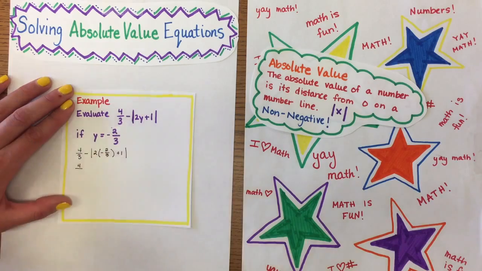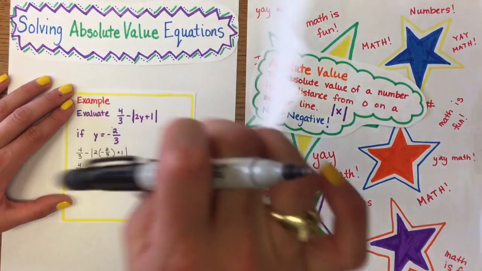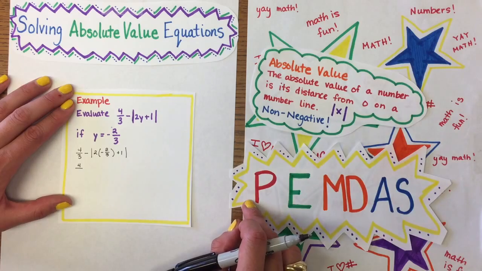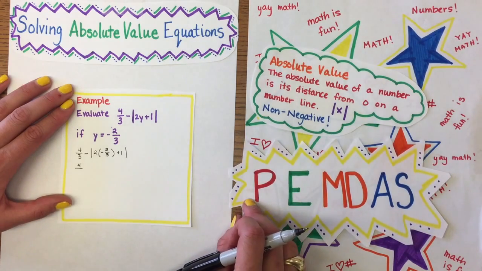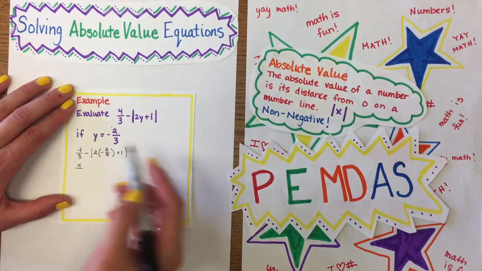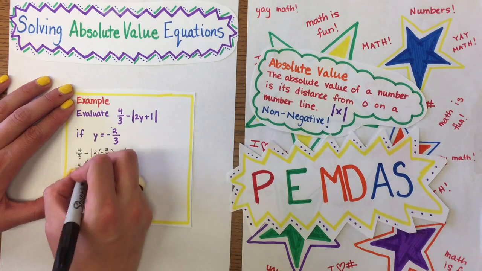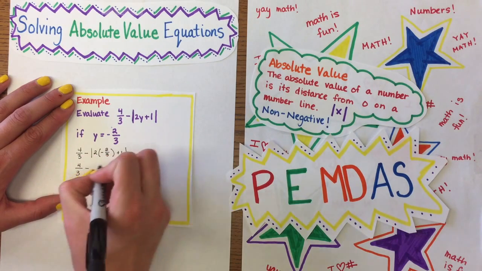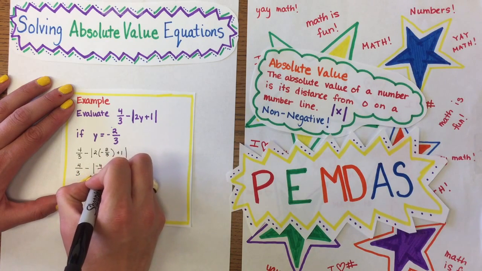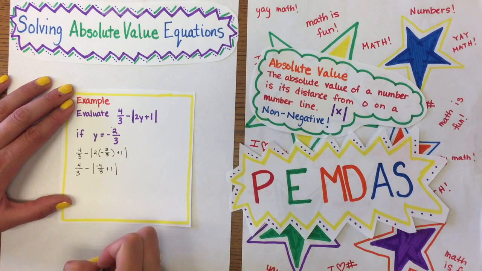So using PEMDAS, if absolute value bars are parentheses, I need to deal with the parentheses first. Remember, these are brick wall parentheses, so I can't distribute this negative in. I'm going to simplify what's inside first. So I have -4/3 minus the absolute value. 2 times -2/3 is -4/3 plus 1.